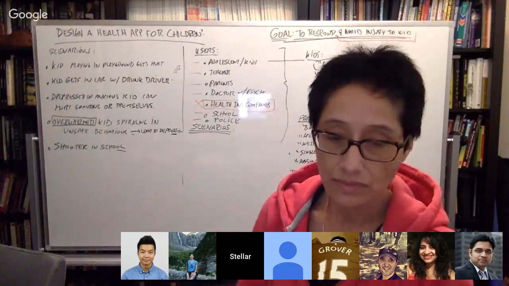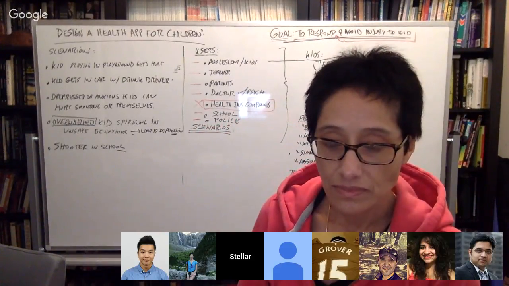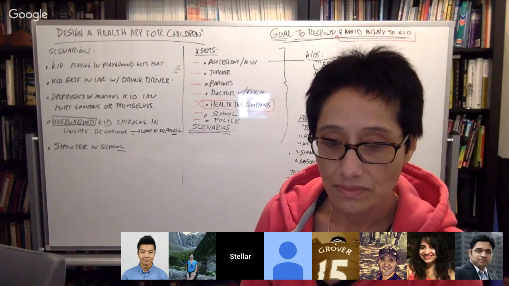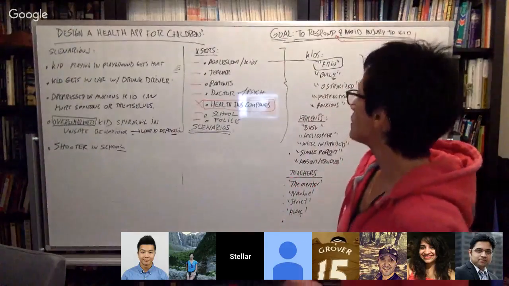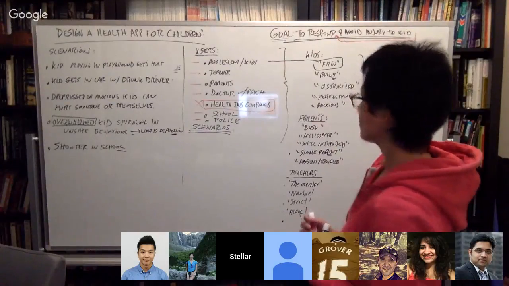When we started off with the health app and then started talking about more social related issues, like getting into a car with a drunk driver or encountering a drug peddler or shooters in school, I viewed them more from the lens of it being a social issue than a health issue. So I'm not sure if anyone else agrees.